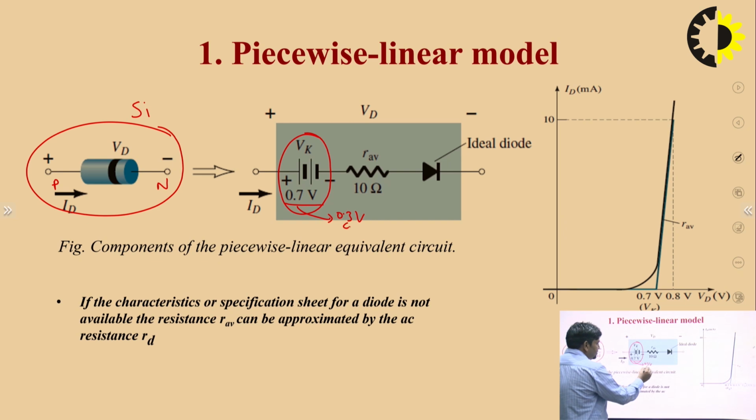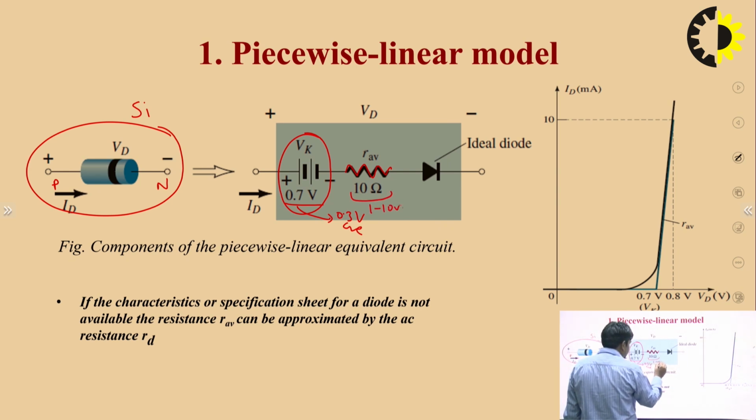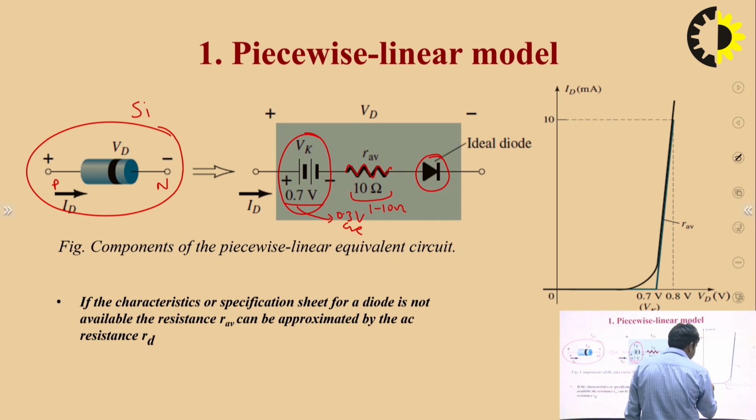And the average resistance, R average, that is the resistance of that diode, is very small, in the range of 1 to 10 ohm. Ideally we take 0 ohm, the practical value being 1 to 10 ohm. And this is the ideal diode, where we plot the VI characteristic of that diode.